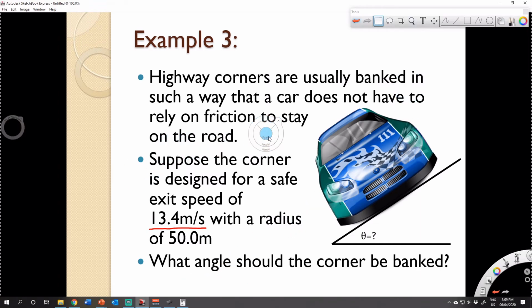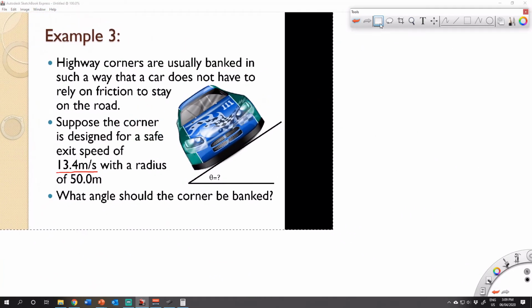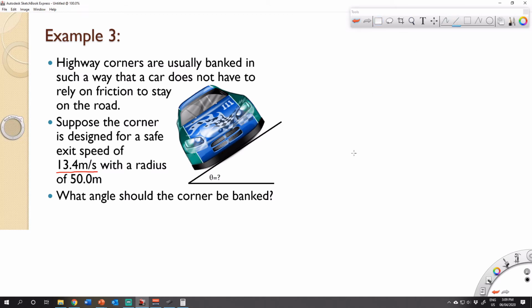So let's scale things down a bit, to give myself a bit more room. This will require clever force diagrams, so let me simplify this diagram a bit. There we go. My car is now simplified to a box. Let's analyze the forces on this car.